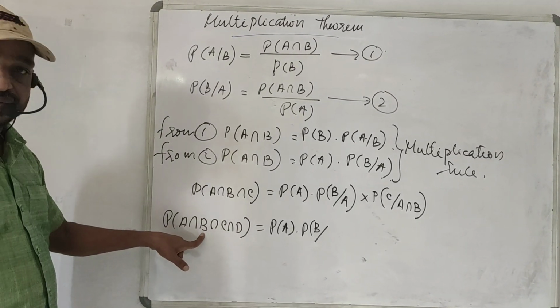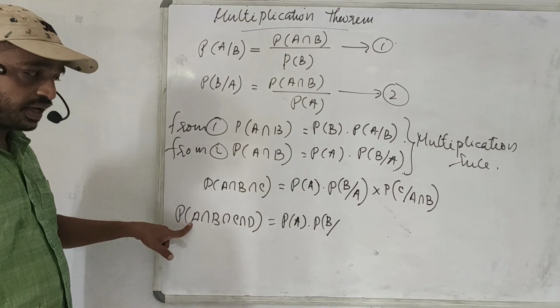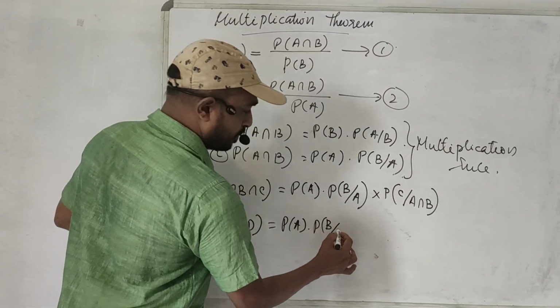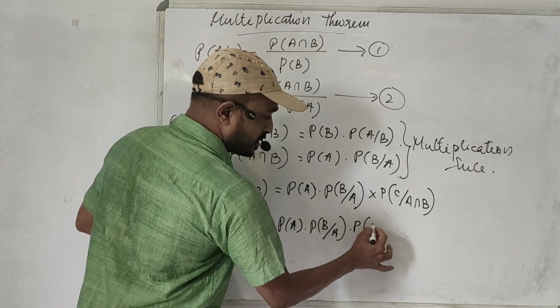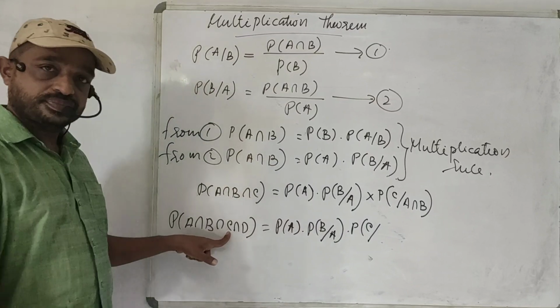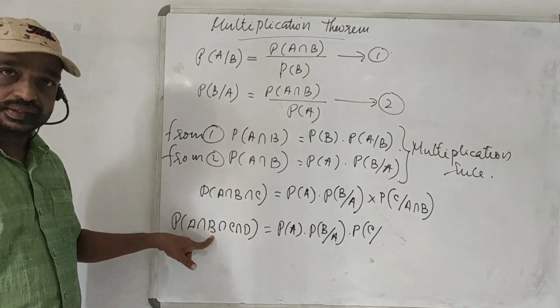So what is the event before the event B? It is A. So P of B given A into the next event, P of C, into P of C given, what is the condition? The first two events A and B have happened.